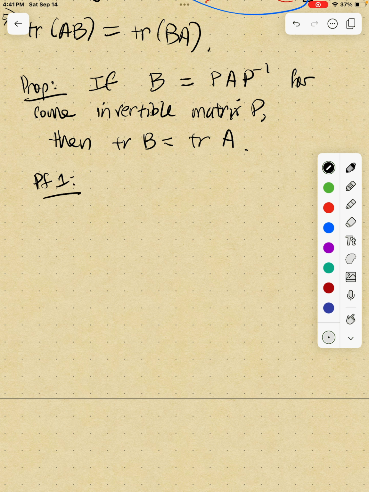There's another argument, but I'll give one argument thinking of the trace as the sum of the diagonal entries. So we want to look at the trace of P A P inverse, and you want to show that it's equal to the trace of A.